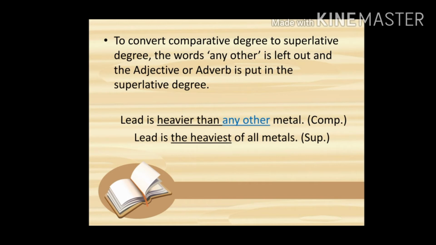Example, lead is heavier than any other metal. How can we change this sentence? Lead is the heaviest of all the metals. With the superlative degree, you will always use the heaviest. Lead is heavier than any other metal can be changed into lead is the heaviest of all metals.